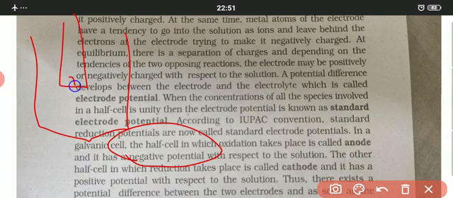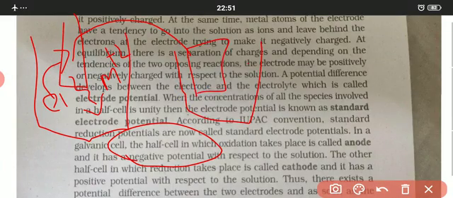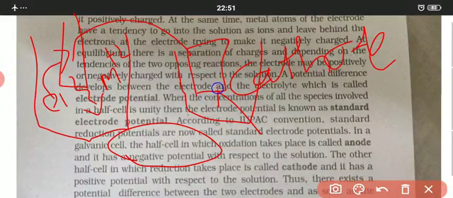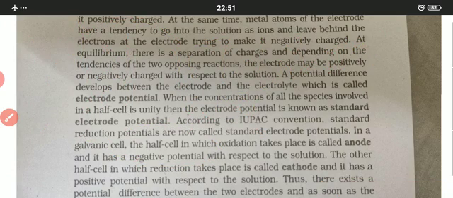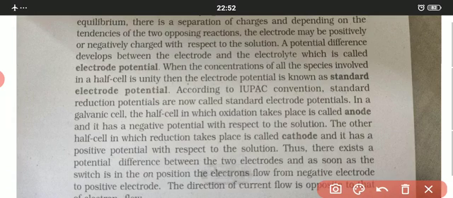The metal electrode gets corroded and forms metal positive ions and releases electrons. These electrons are stored at the metal electrode surface and move from anode to cathode. That's why the anode is negatively charged while the cathode is positively charged. The other half cell in which reduction takes place is called the cathode, and it has positive potential with respect to the solution.